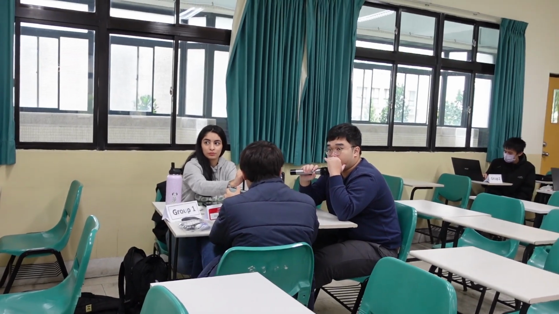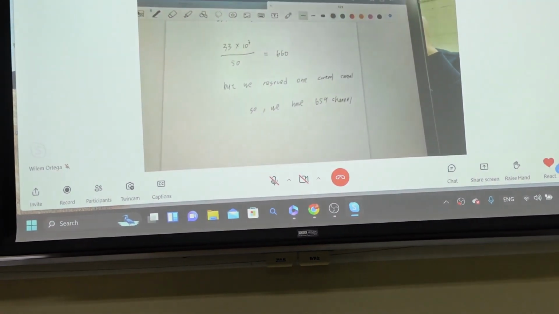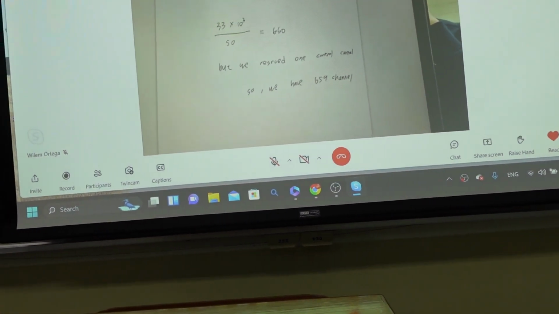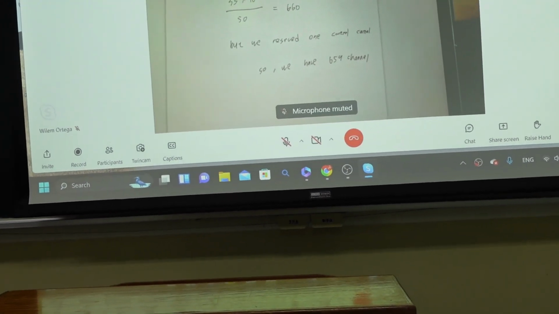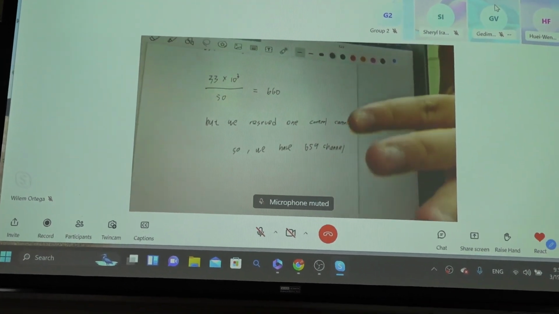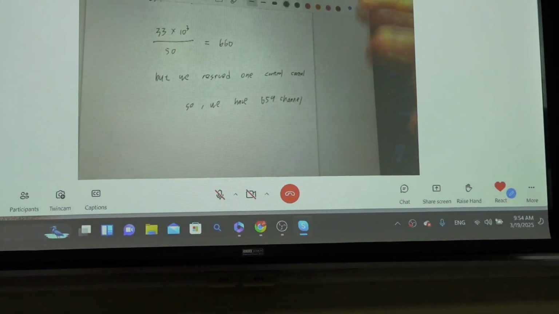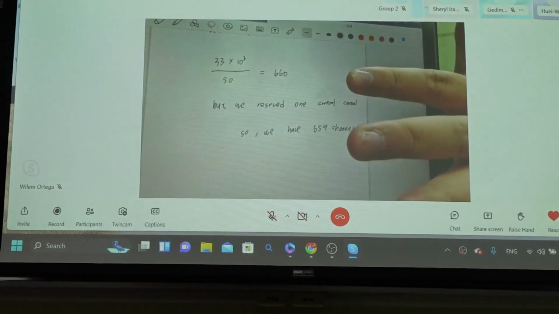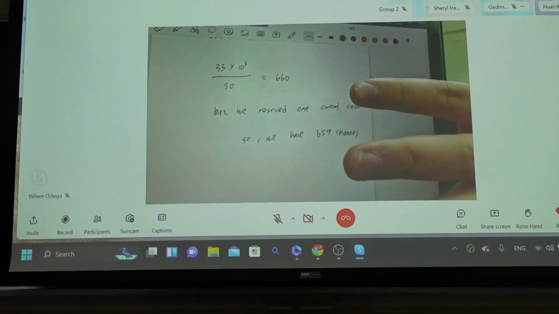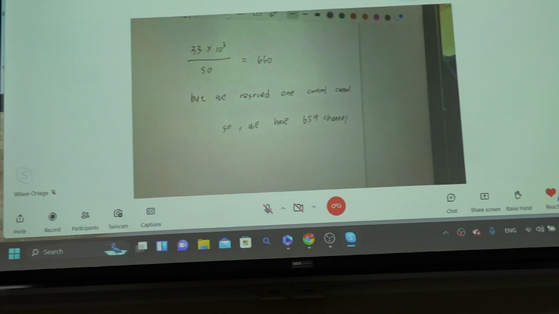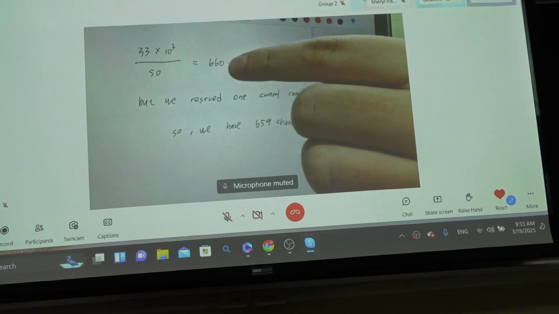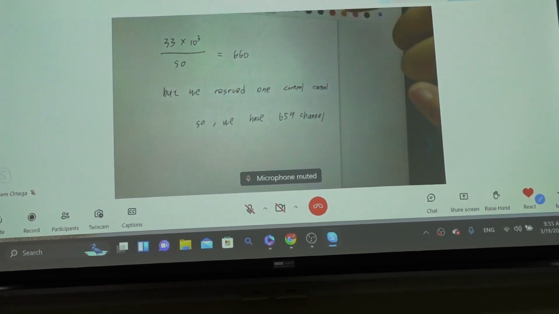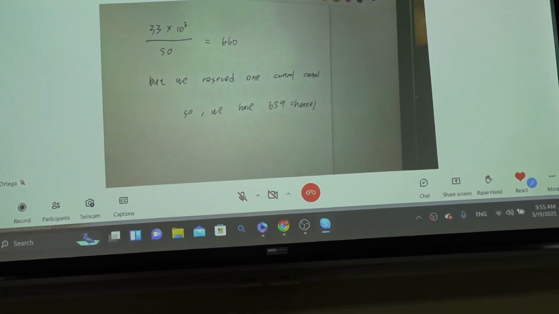I use the total bandwidth because it's FDM, so we use the total bandwidth divided by the cell bandwidth, 50 kilohertz. So we use the total bandwidth, 33 megahertz, to divide by 50 kilohertz to get 660 channels.